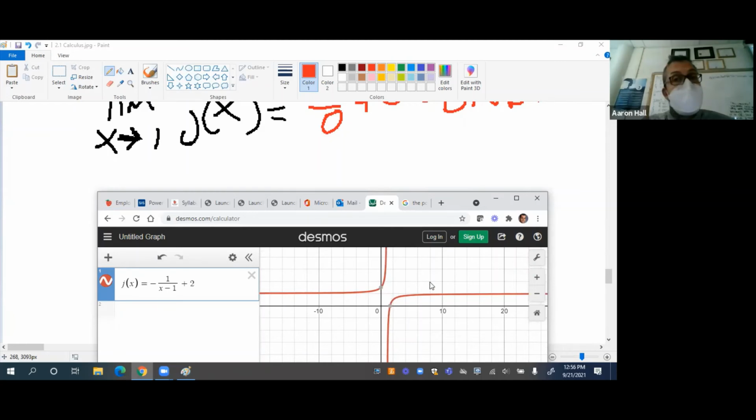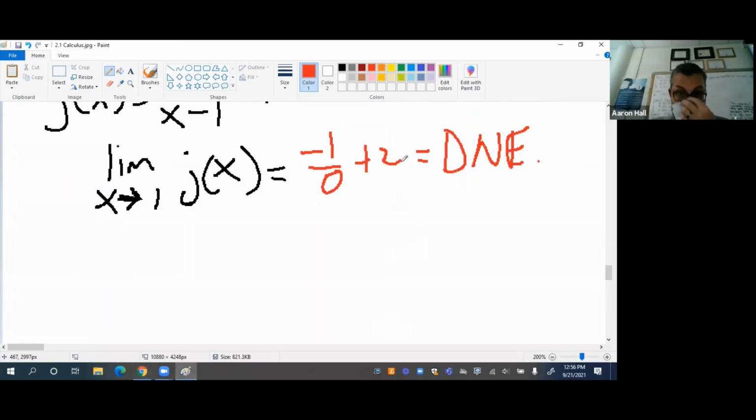Because you can't have two extremes at the same time. When x approaches 1 you end up going in both directions, so you're not approaching anything. Do you agree that you're not approaching anything if you're shooting off to infinity and negative infinity? You can't have every answer be your answer. So that's why the limit does not exist.